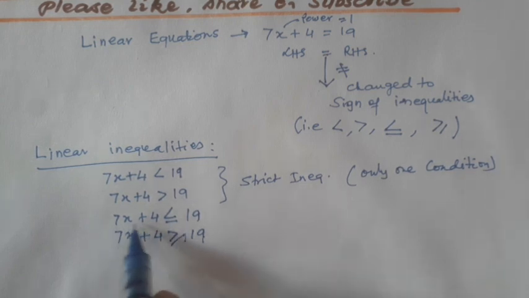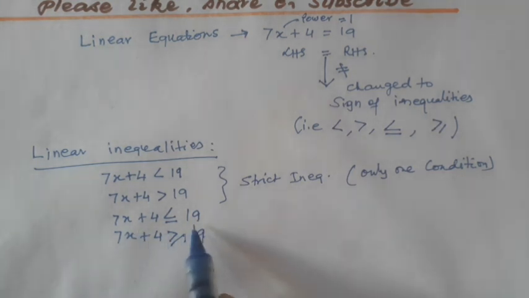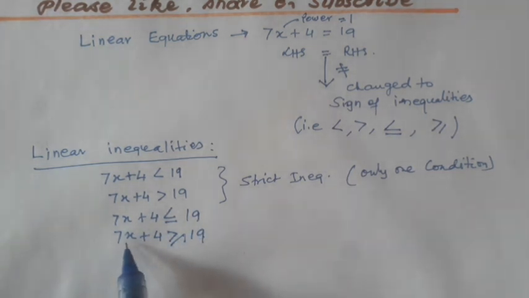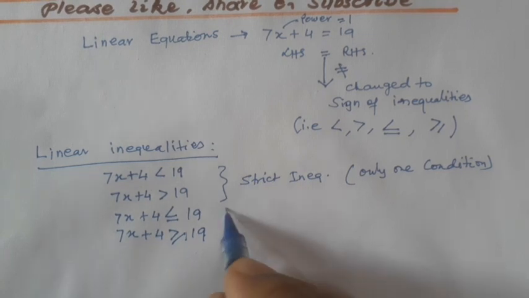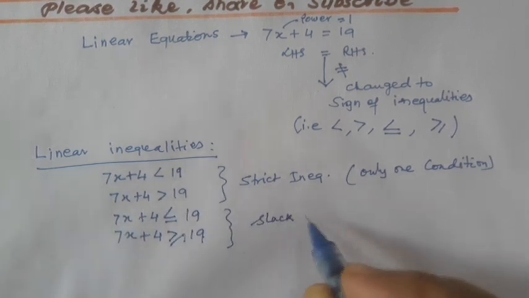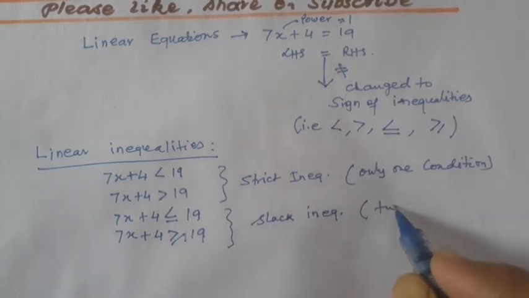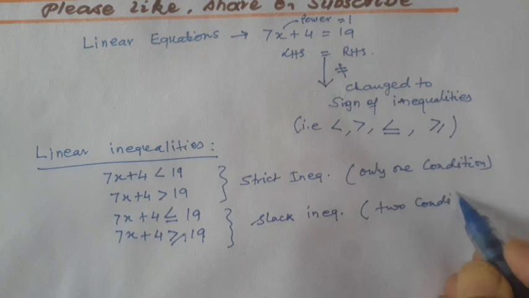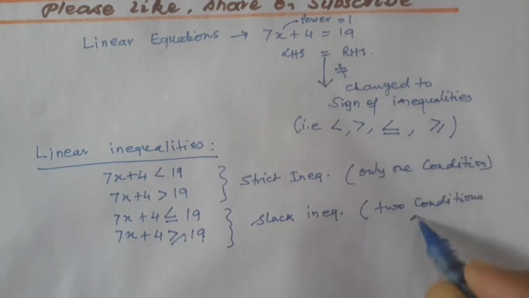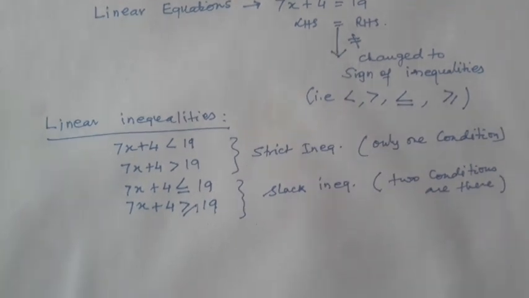This LHS will be smaller than 19 or equal to 19. Here LHS will be greater than 19 or equal to 19. So two conditions are given, so this is called slack inequalities. Right, up to here it is very clear.